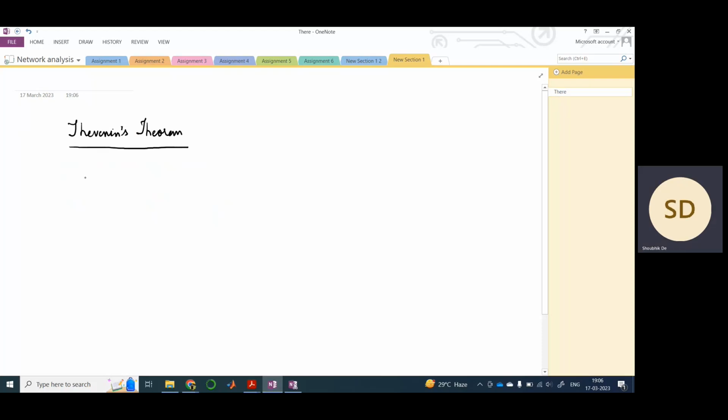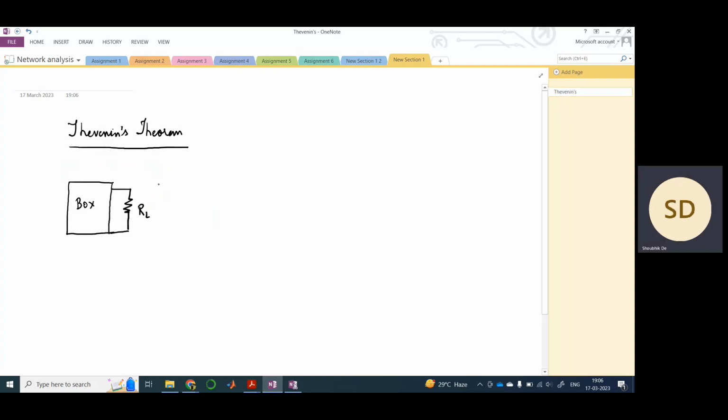Basically, suppose we are given a circuit which is a linear combination of your EMF voltage source, resistors and all the current drawing elements. These are packed into this box, right? And then you have this load resistance RL.